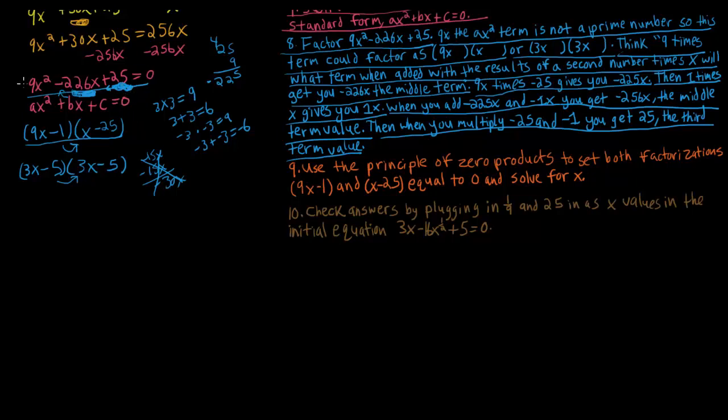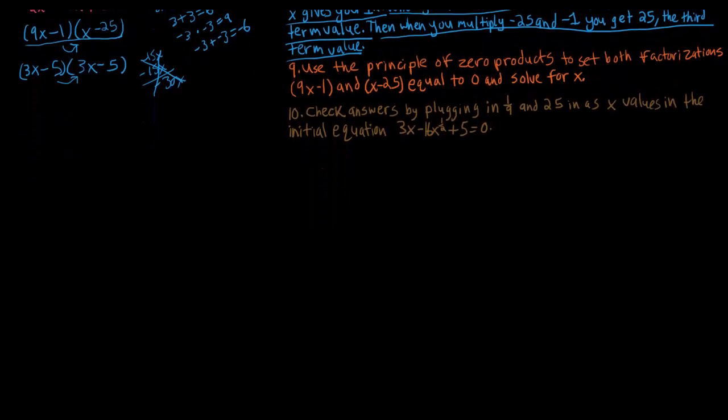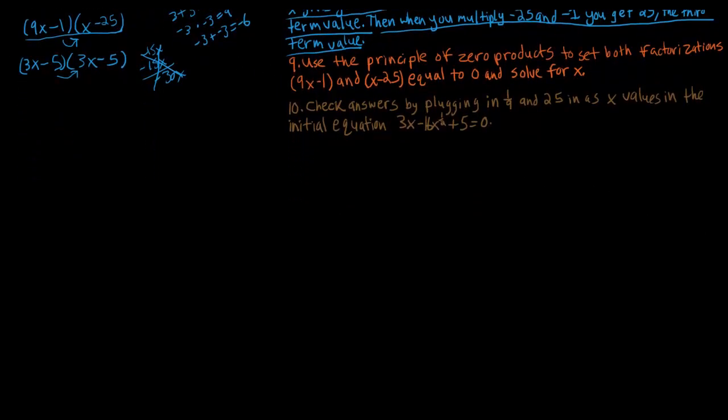So now moving to step 9. Step 9 wants us to use the principle of zero products to set both factorizations, 9x minus 1 and x minus 25, equal to 0 and solve for x.